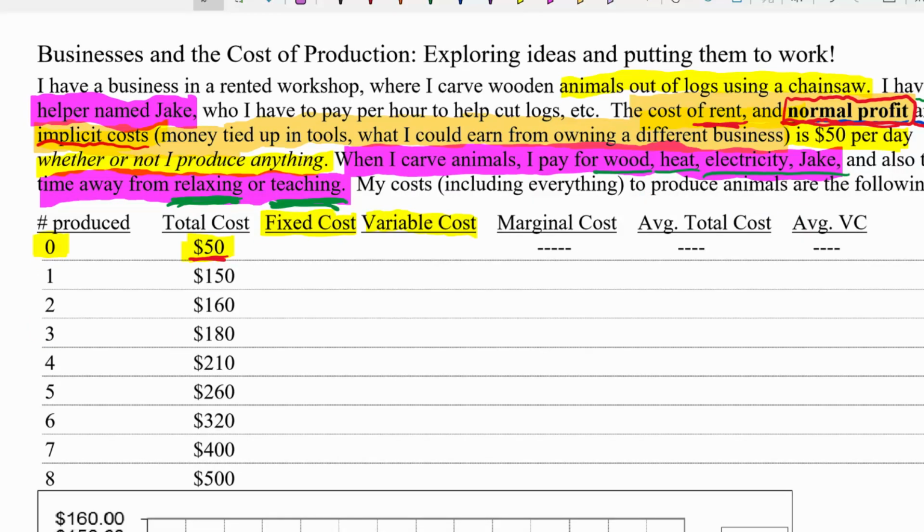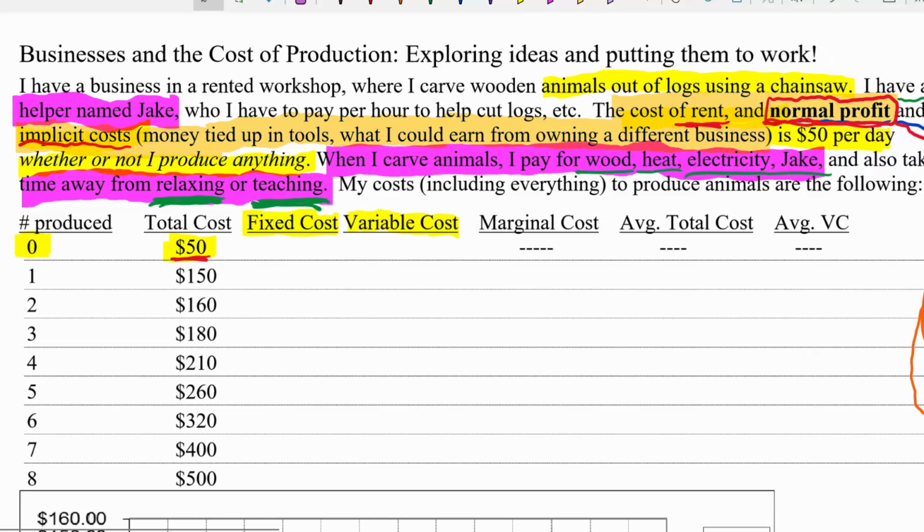Which of these costs that we've been talking about are going to be fixed costs? The costs associated with producing 0 units here, that $50, is our fixed cost, $50. Why? The reason is, if we're producing 0 units, all of our costs must be fixed costs.